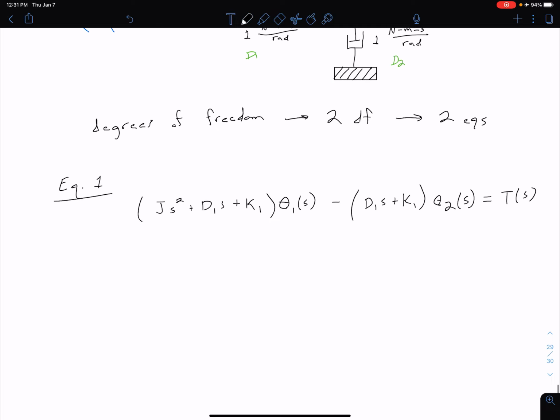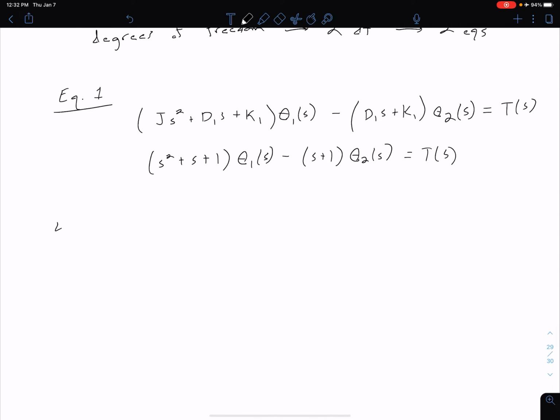Eventually this reduces to s squared plus s plus 1 times theta 1 of s, minus s plus 1 times theta 2 of s, equals T of s. Okay, so moving on to our second equation.